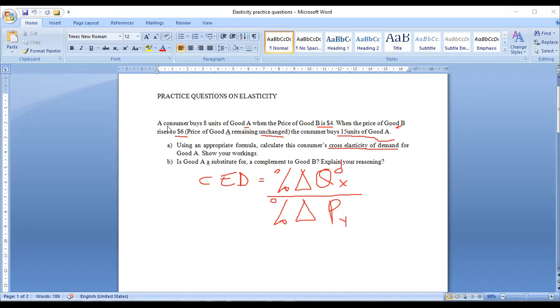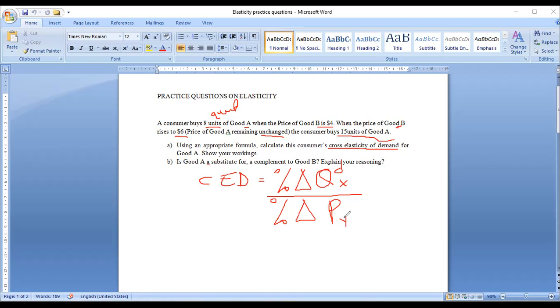So they are telling us that a consumer buys 8 units of good A. Unit is quantity, isn't it? The quantity consumed, 8 units of good A, when the price of B is 4.